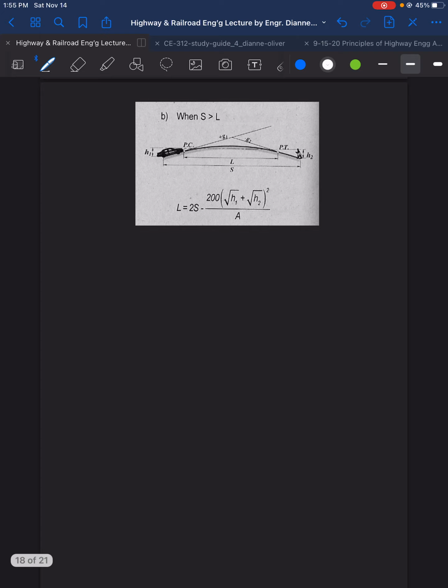S is greater than L. So value of L now is equal to 2 times 130 minus 200 times square root of 1.08 plus square root of 0.5 squared all over grade is 4.4.